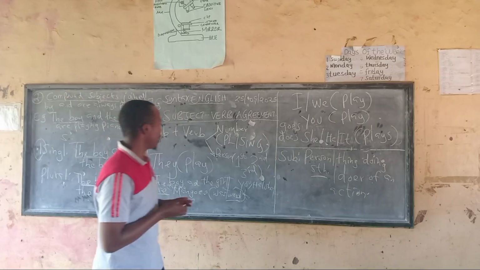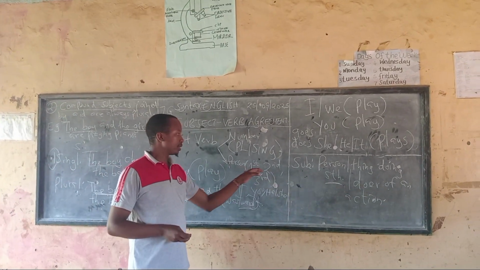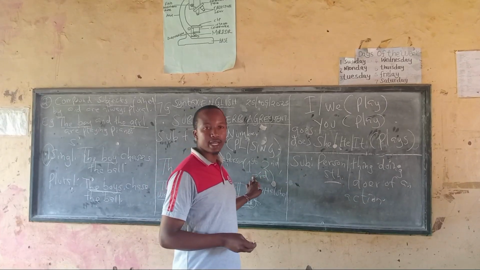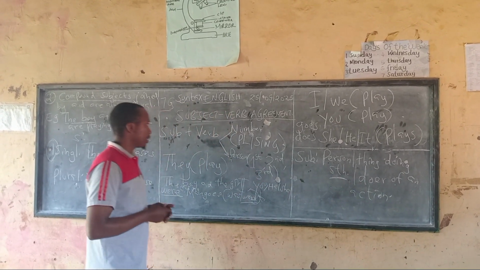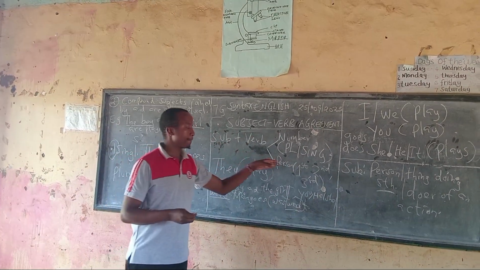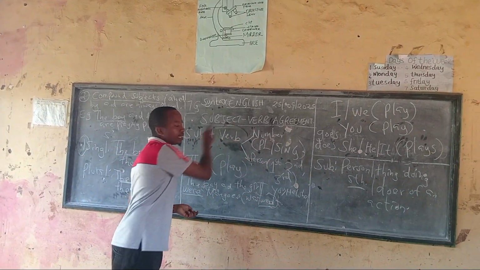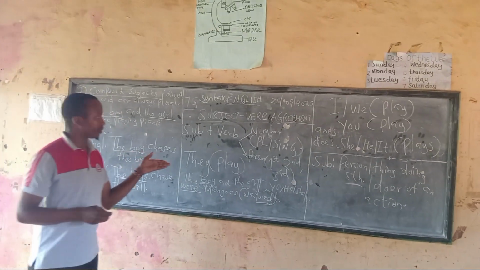And by person, we mean that it can be first person, second person, or third person. Are we together? Yes. That means you have to agree in number and also in person. So the verb is an intermediary. It is the one that will show whether the subject is agreeing.